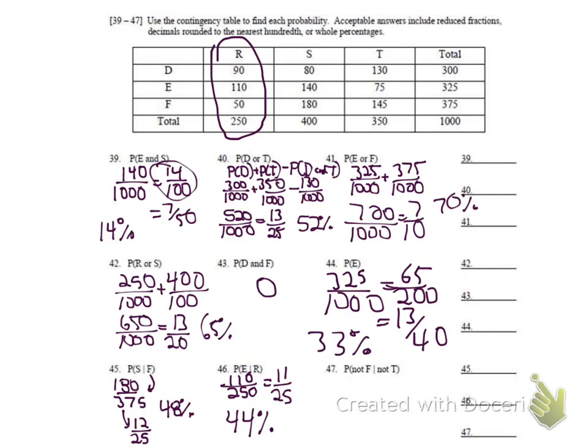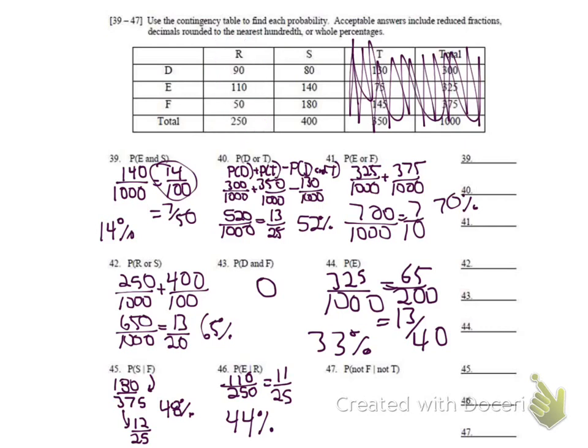And last one, we have not F given that it's not T. So for here, if it's not F, that eliminates this row. So not F, whoops, got ahead of myself. We want not T. So not T eliminates this column. And we'll cross out the total because we don't really need that. So not T has a total of 650 because that's the 250 and the 400.